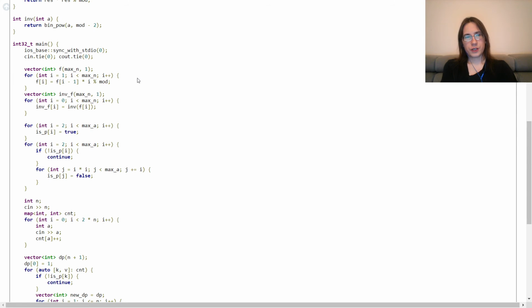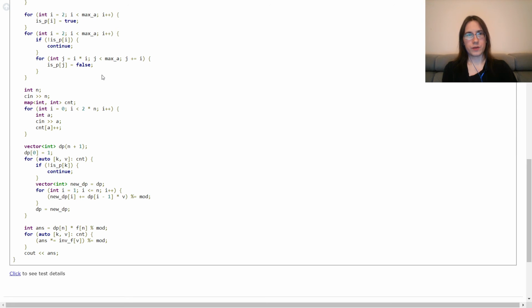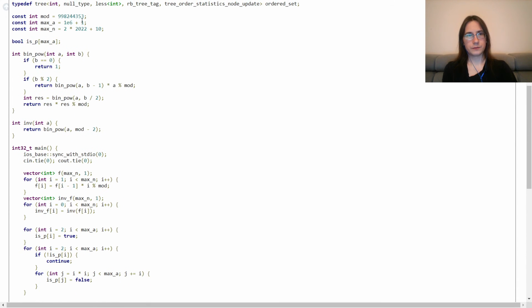If you don't know what inverse remainder means, it's just a technique that we use to divide modulo p, some prime number. If we know a and b modulo p, we want to know a over b modulo p. Then we have the Eratosthenes sieve here to find all the prime values up to max a, which is around 1 million.